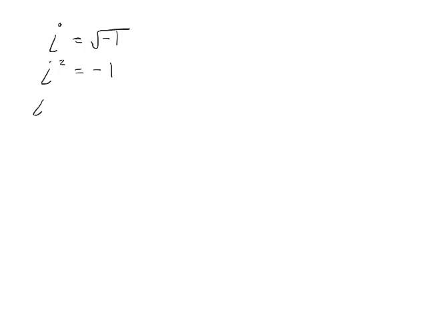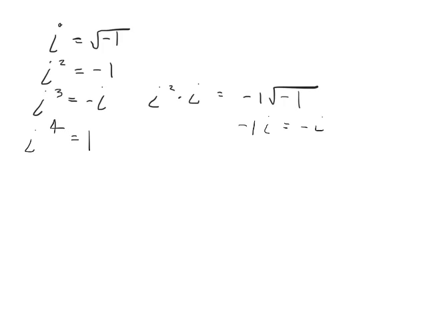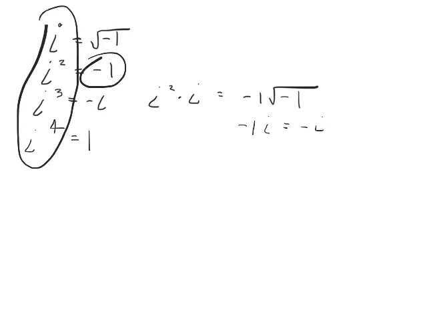And if you think way back, i cubed equals -i, because i squared times i equals -1 times the square root of -1, which is -i. And i to the 4th power just equals 1, because i squared times i squared is -1 times -1, which is +1. So remember what those are.